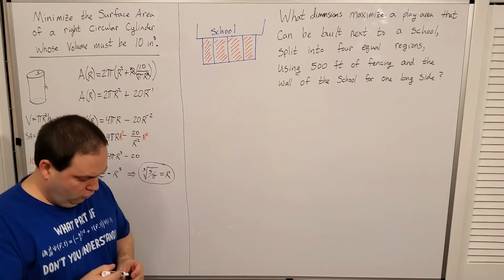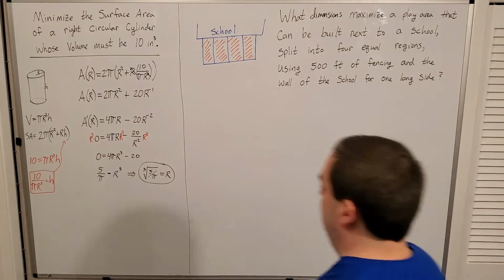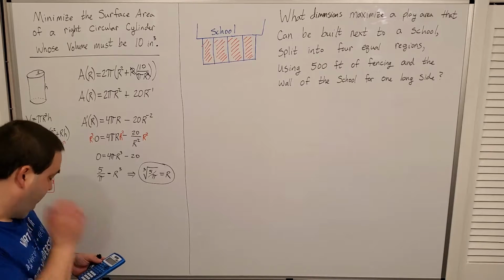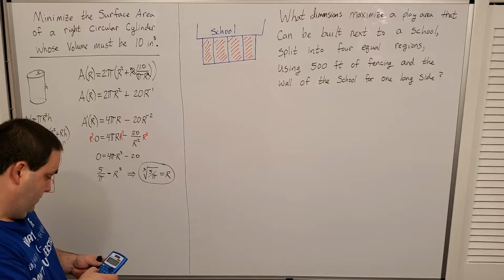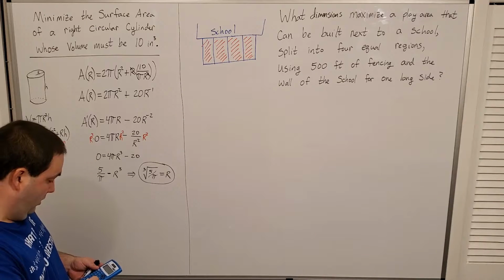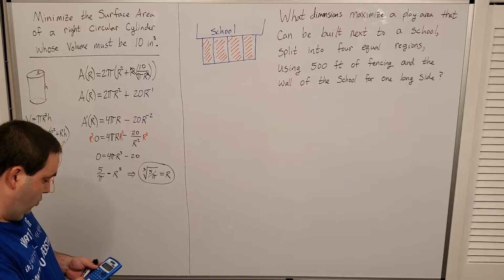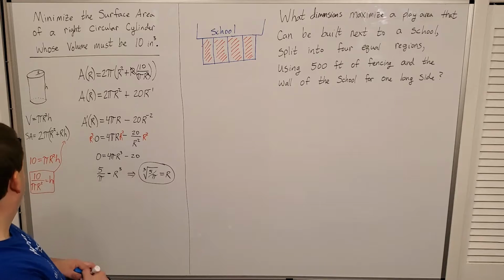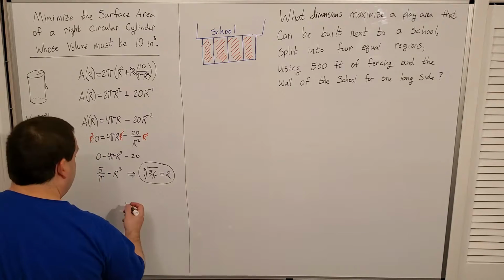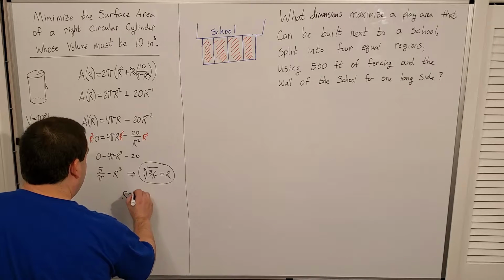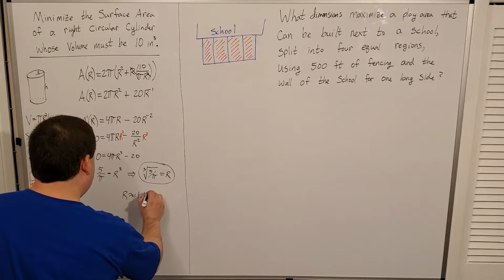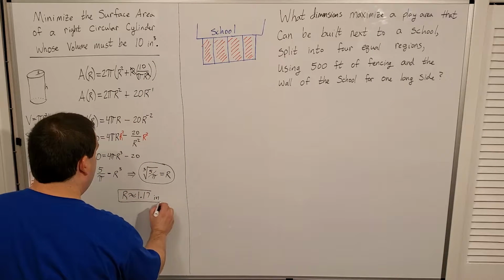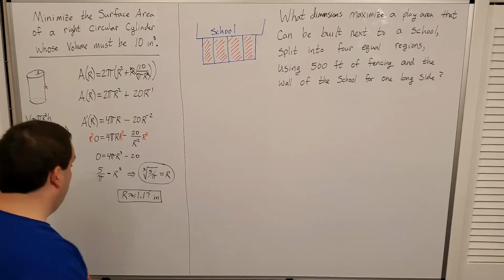Let's crunch that up and see what we get. Pi is a crazy number, right? So I've got the 5 over pi, it's 1.59, and then I'm going to raise that to the 1 over 3 power, 1.167. So r is around 1.17, and we're measuring in inches. So then what height goes with that?